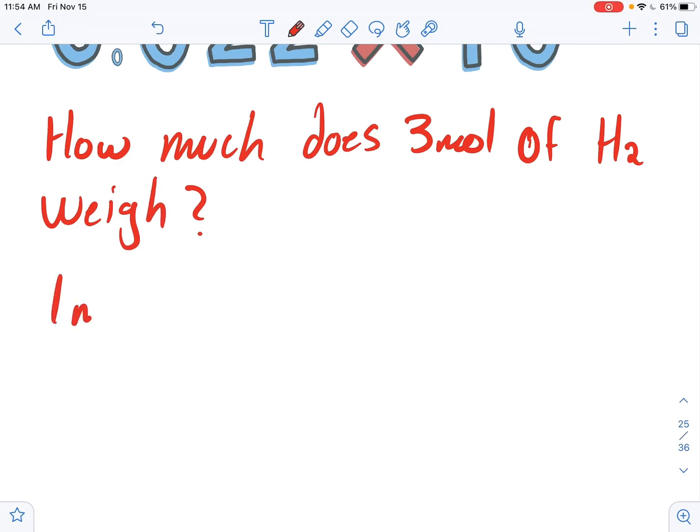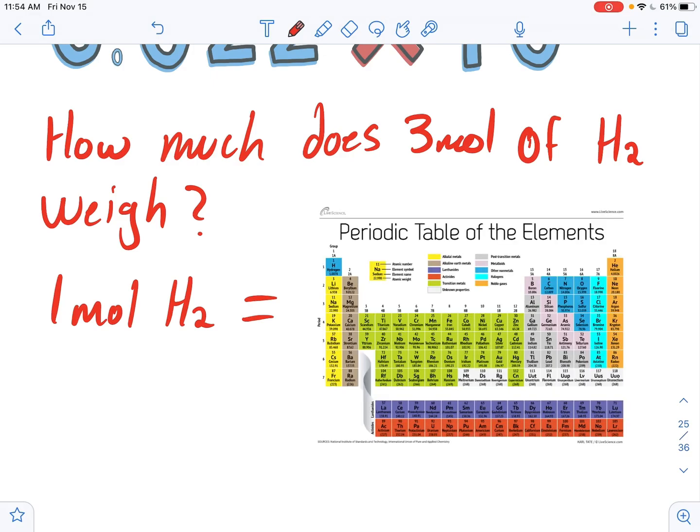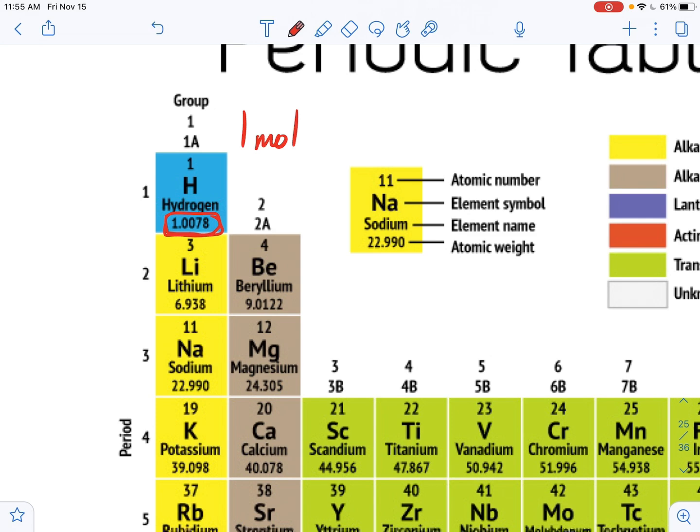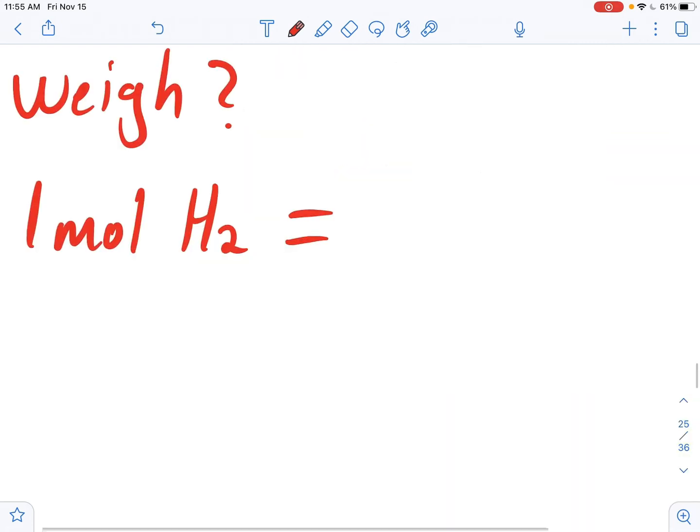Well, I know that 1 mole of H2 equals the mass of its atomic mass in grams. And so if I spawn my periodic table again and I zoom in, the atomic mass of hydrogen is 1. So this means that 1 mole of H equals 1 gram. Well, I'm working with H2, right? So that means 1 mole of H2 is going to be double that. It's going to be 2 grams.